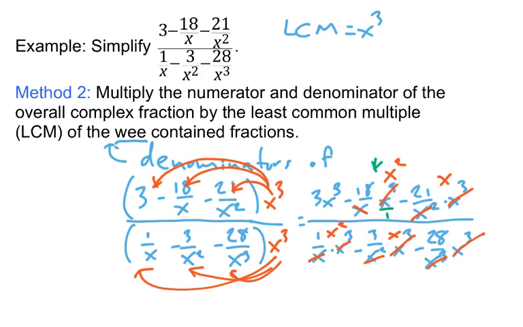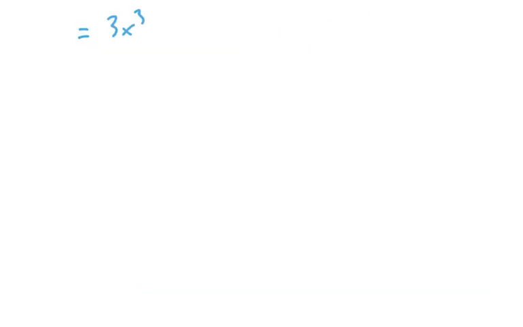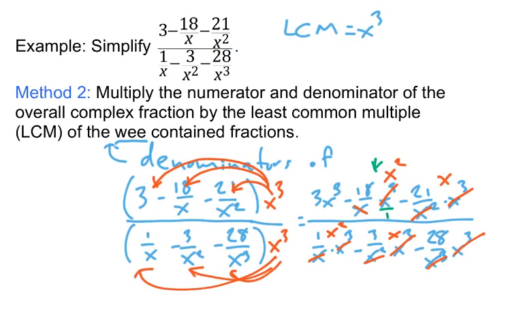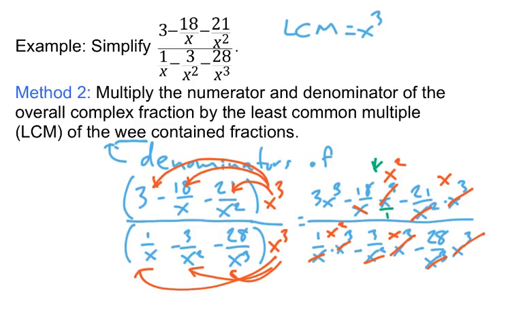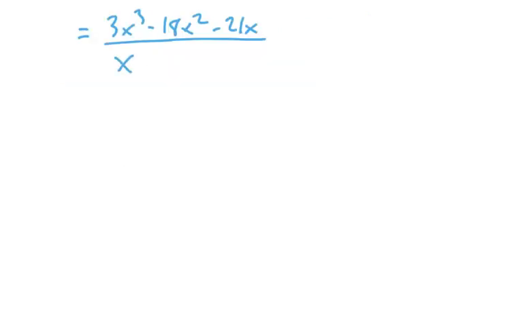Let's rewrite it. So rewriting what we had on the previous page, we'd have a 3x cubed minus 18x squared minus 21x all over x squared minus 3x minus 28.